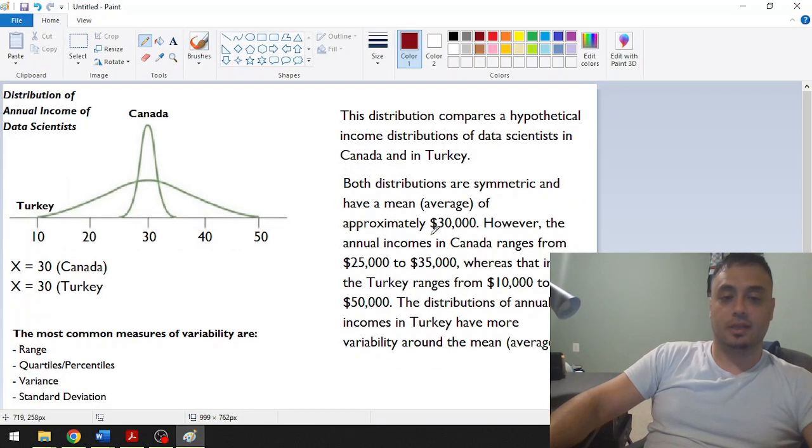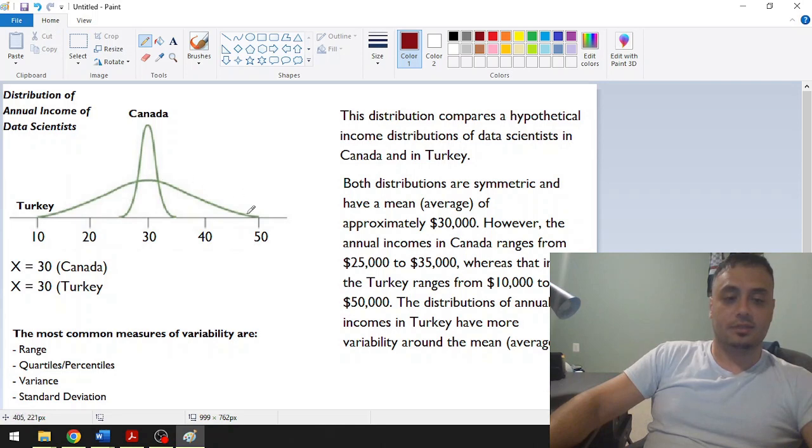To illustrate that definition, I put together a scenario with a comparison of hypothetical income distributions of data scientists in Canada and Turkey.